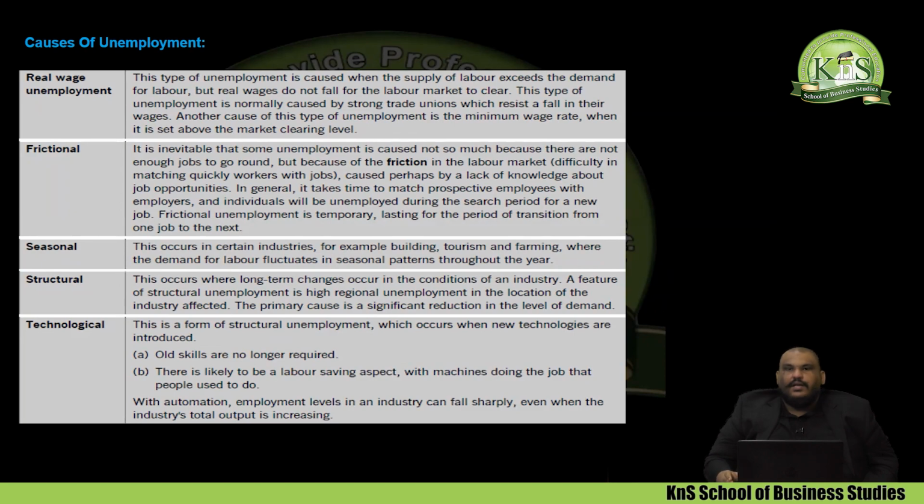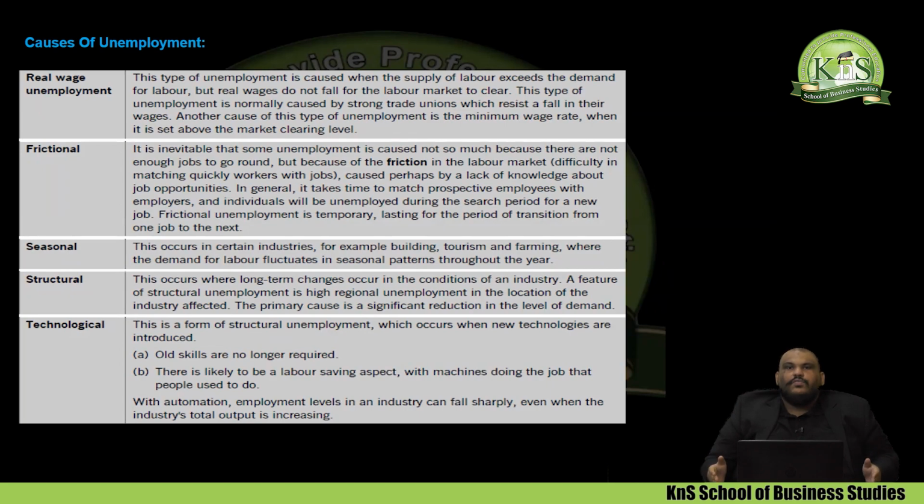Then we have seasonal unemployment. Seasonal unemployment is when you're employed for a specific period of time. In any country where there are maybe 8 or 9 months of summer, it's a very hot summer. So people come into the business of selling ice creams and sodas and ice cream shakes and refreshments which cool you down.